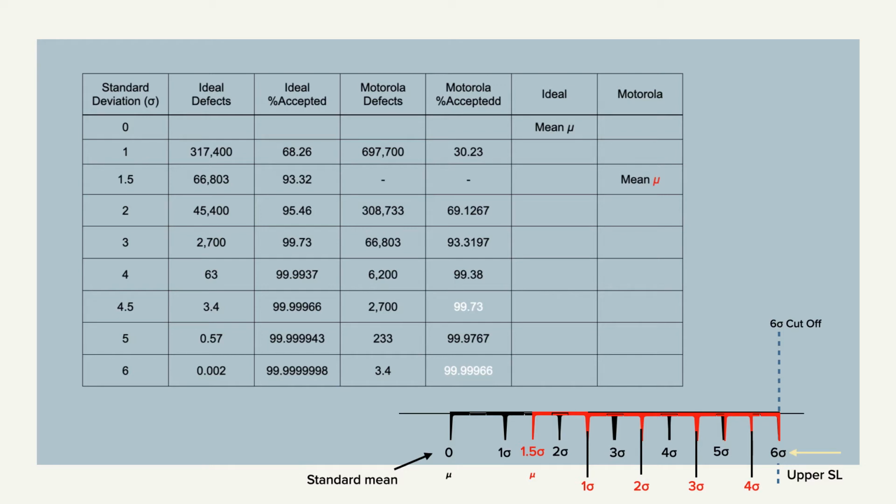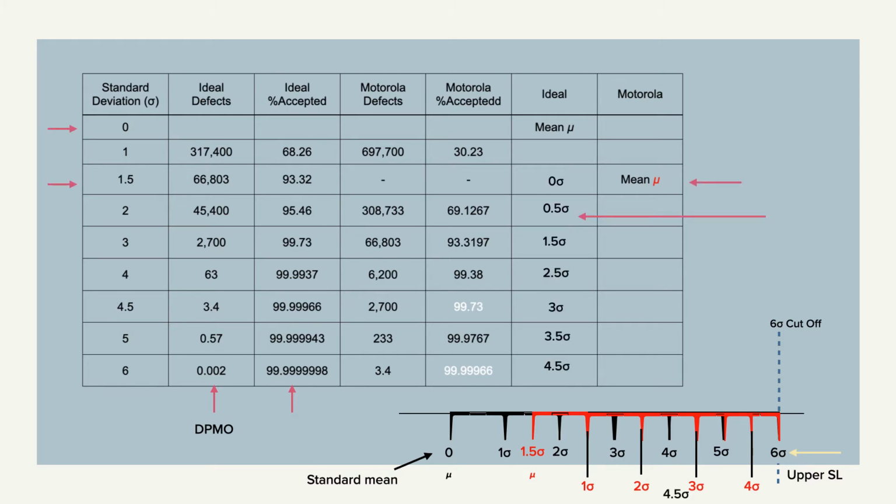So at 6 sigma specification limits, we get 99.9999998% accepted for ideal data, with only 0.002 defects per million opportunities. That's what we expect in ideal distribution.